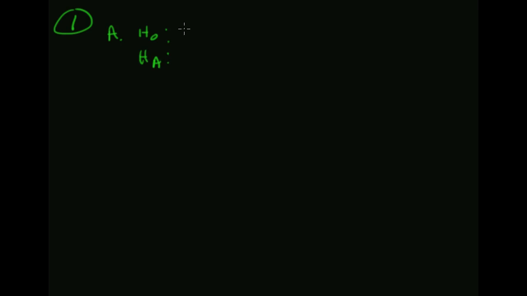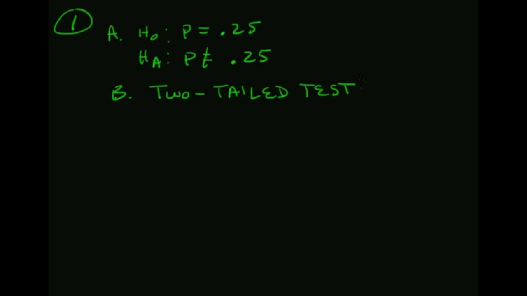The null hypothesis here is that the percentage will be 25. The alternate hypothesis here is that it will not be 25%. Part B, because this is a not equal to, means this is a two-tailed test. And then they give us some additional information here.